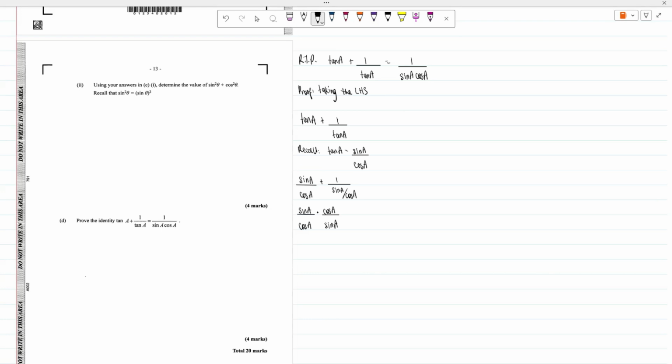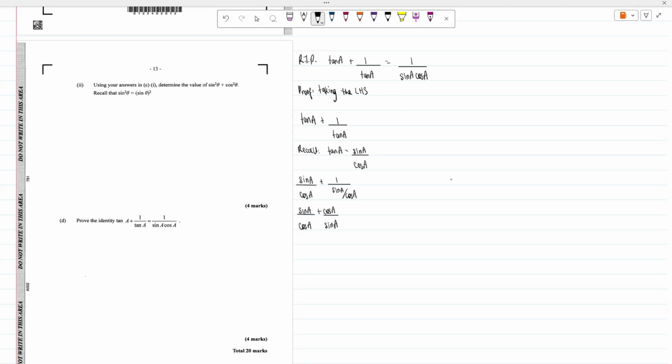I get 1. I don't want to do that. Damn. All right. So I already have the denominator, cos A sine A. I want to make the numerator look like 1. Oh, shucks. Why did I multiply? It's plus. Yeah, it's plus. My bad. All right, good. That makes a lot more sense.